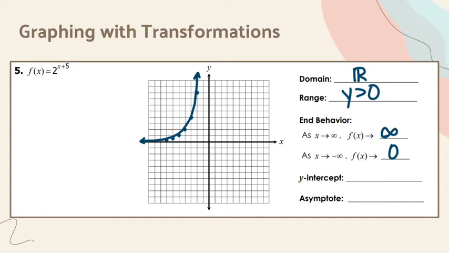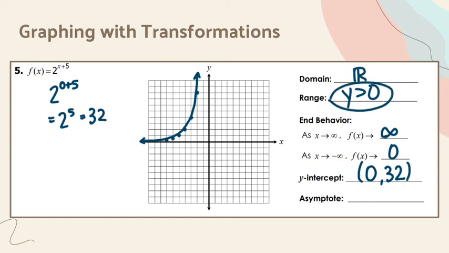So on your calculator, if you look at where x equals 0, it tells you that the y value there is 32. You could also do it mathematically by plugging 0 in for x. That would equal 2 to the 5th power, which is 32. And so you would still get that same point. Then our asymptote, as always, corresponds with our range, y equals 0.